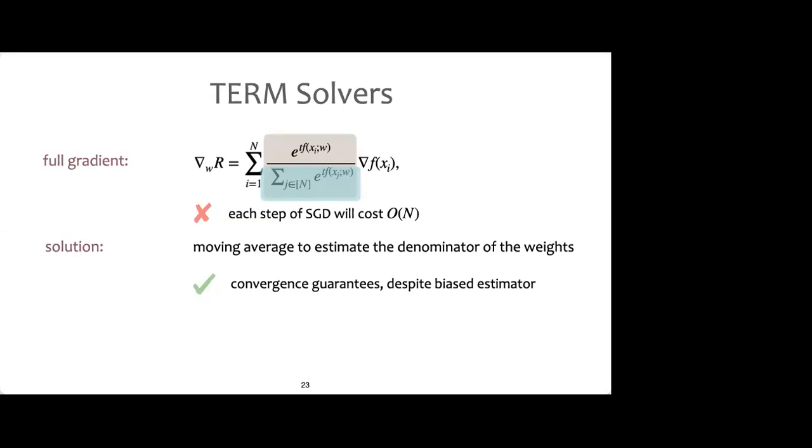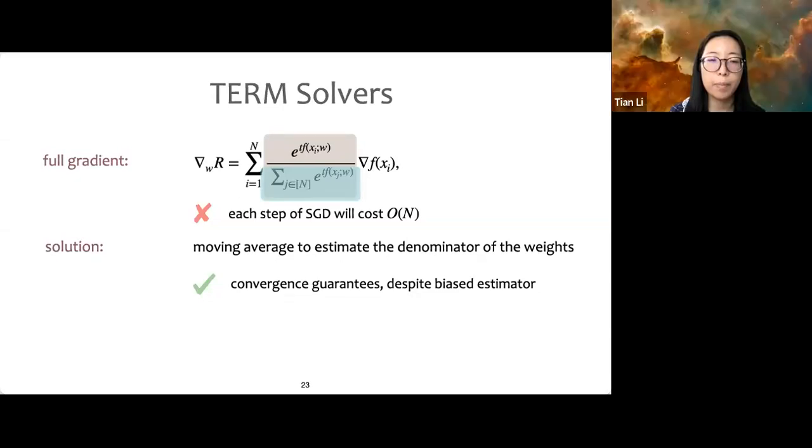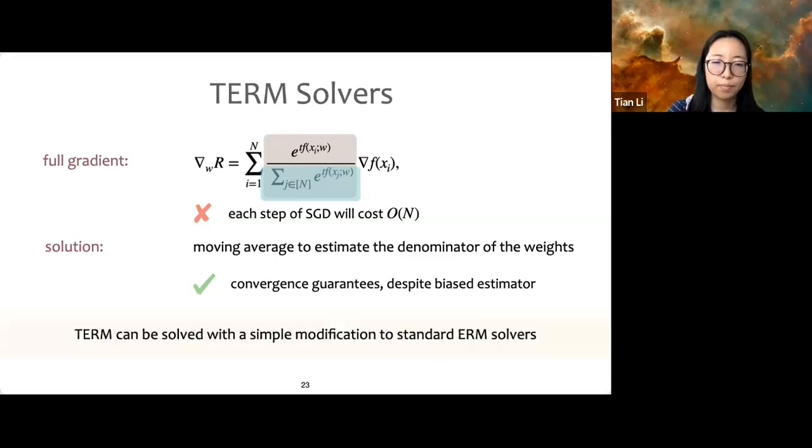This will give a biased estimate, but we are able to show that it can still converge under this gradient. Okay, and the takeaway is that despite having so many good properties, TERM is not complicated at all. It can be solved with a simple modification to standard ERM solvers.